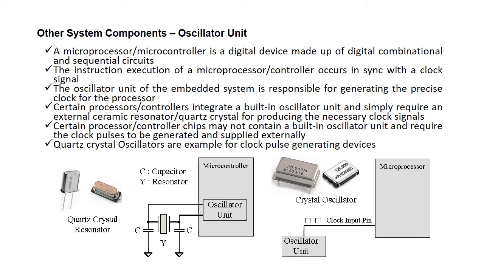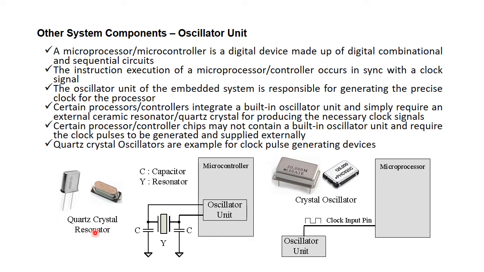This is a symbolic representation of a quartz crystal which is connected across two capacitors and then to the ground. So this is a clock circuit, and two pins of the microcontroller are connected to it. This clock circuit is external to the microcontroller. It is not internal to the controller chip.